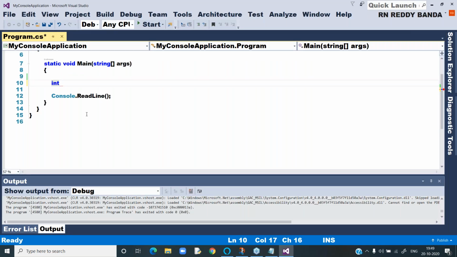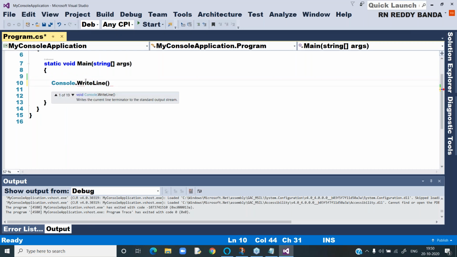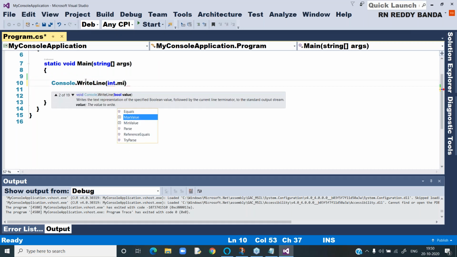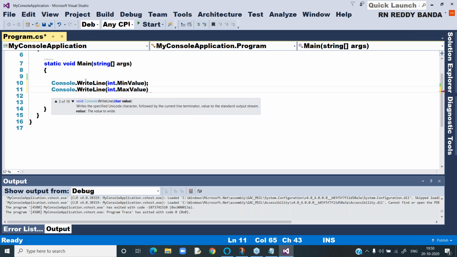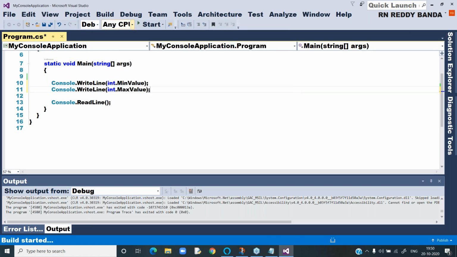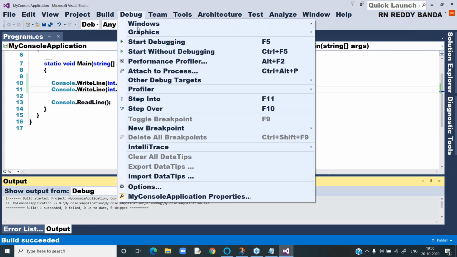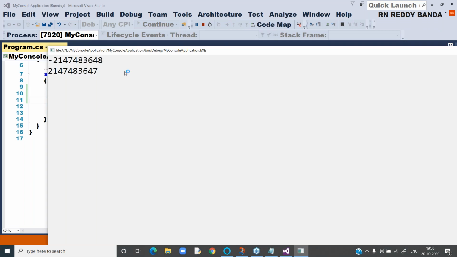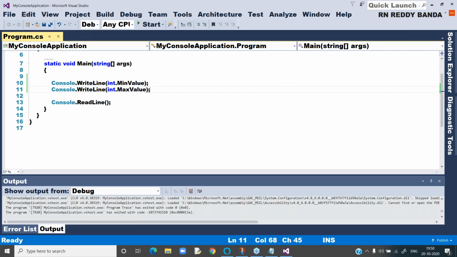You can write Console.WriteLine(int.MinValue), Console.WriteLine(int.MaxValue). int.MinValue, int.MaxValue, a huge number. That's it. Over. Story is completed.